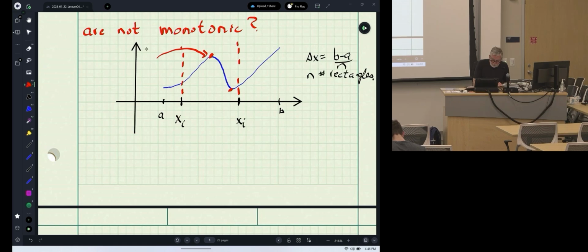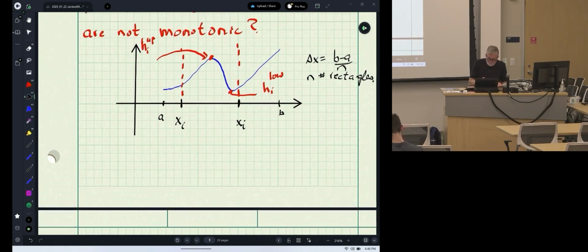So let me label that hi up, and this one hi low. We want hi low to be equal to the minimum value that the function takes on for all x's in the interval x sub i to x sub i plus 1.